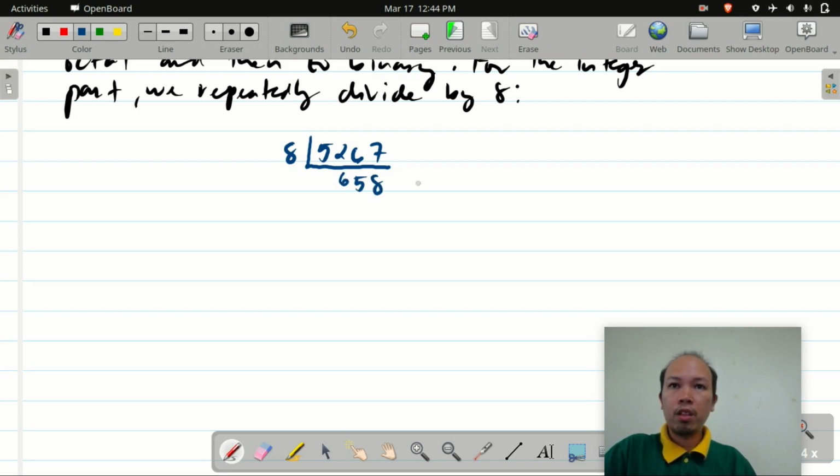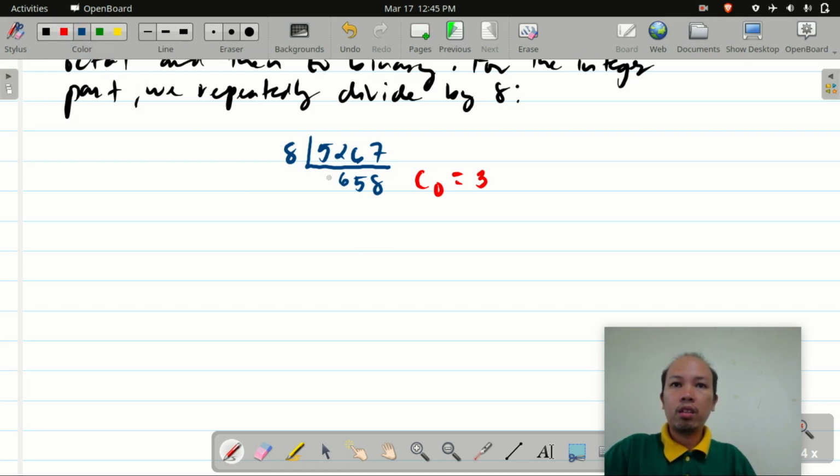658, and our remainder is 658 times 8 minus 5267. Of course, you have a negative number here, so write the positive one. So we have 3. The remainder is 3.